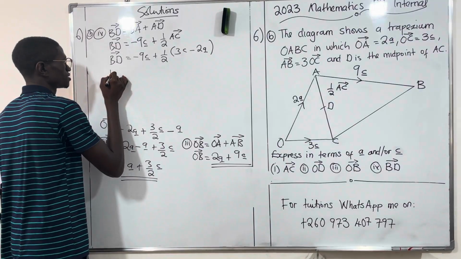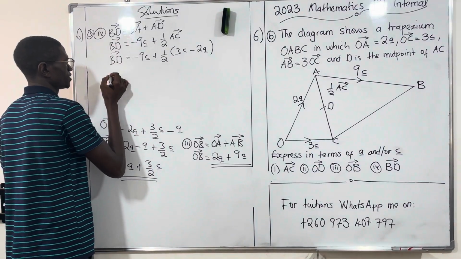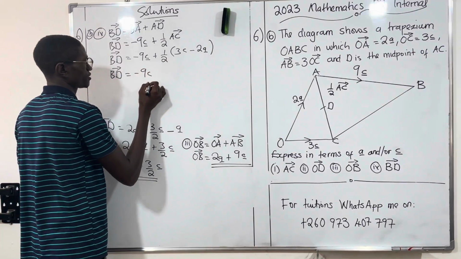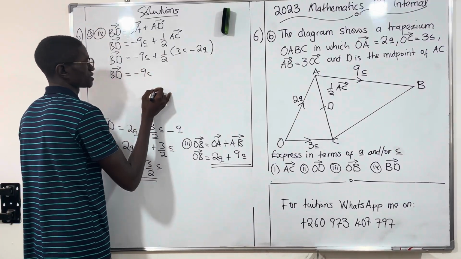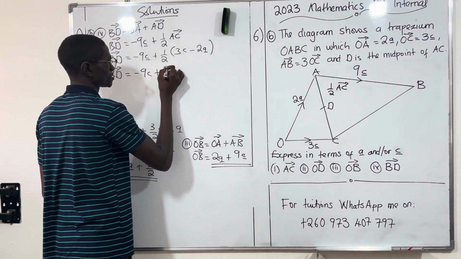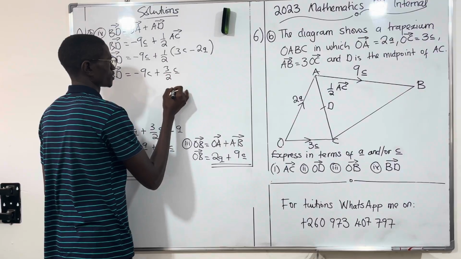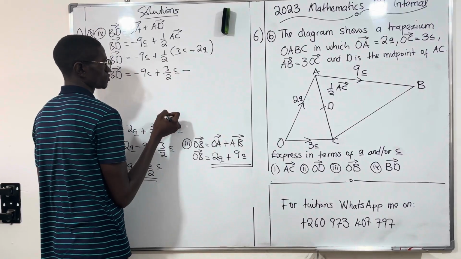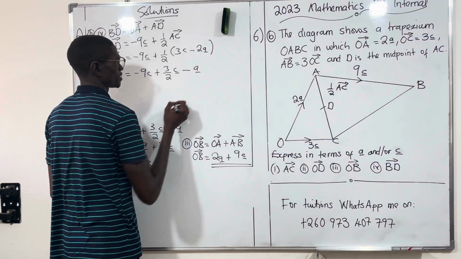And then we can simplify. We can actually expand the brackets there by multiplying this with that. So we're going to say this will give us 1 times 3 is 3 over 2 vector C. Positive times negative is negative. Then we said these two will cancel. So we're just going to remain with vector A.